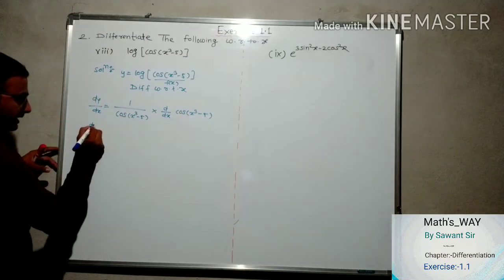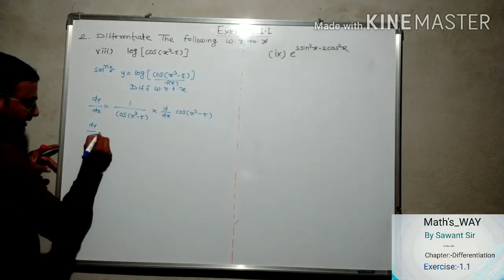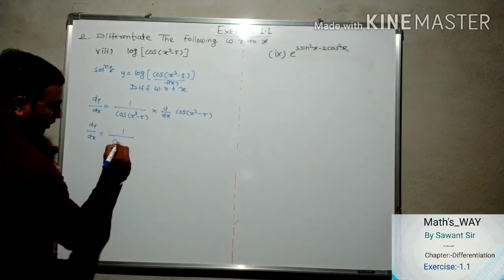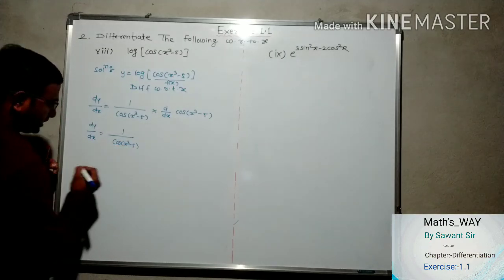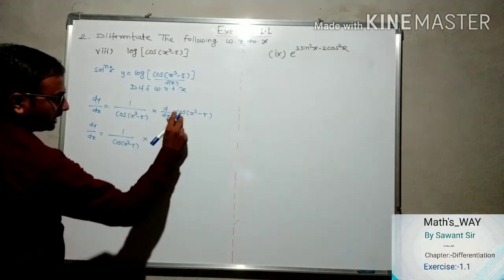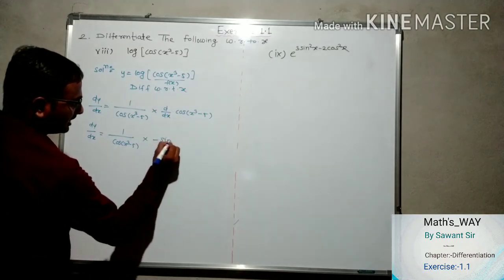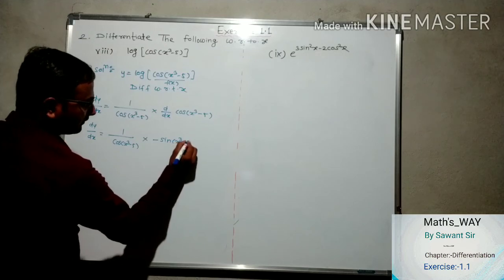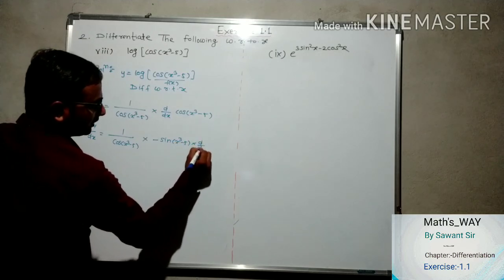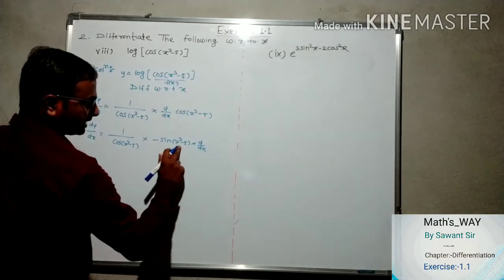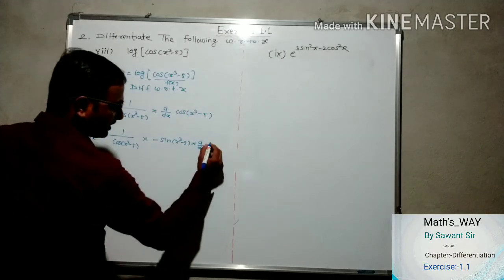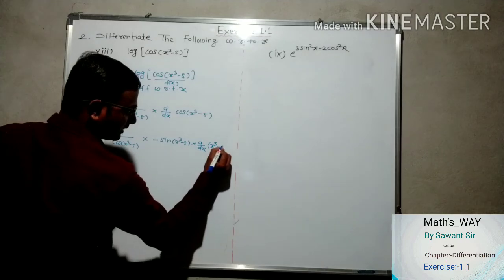So dy by dx is equal to 1 upon cos of x cube minus 5 into derivative of cos of x cube minus 5, which is minus sin of x cube minus 5, using the formula derivative of cos f of x is minus sin f of x into f dash of x. So f dash of x is derivative of x cube minus 5.